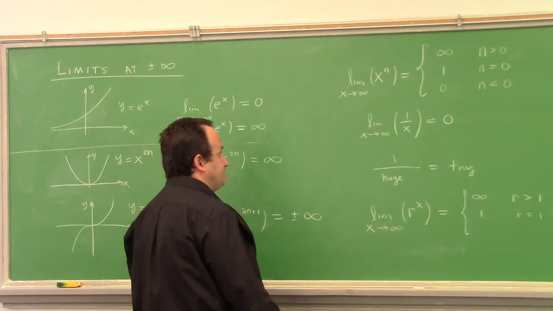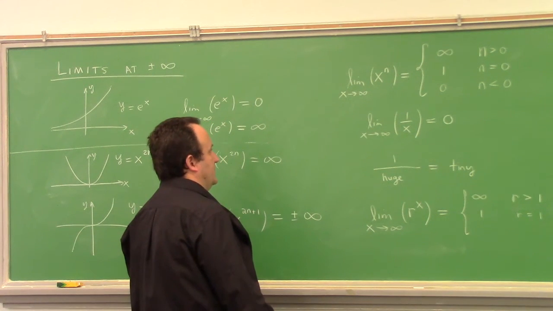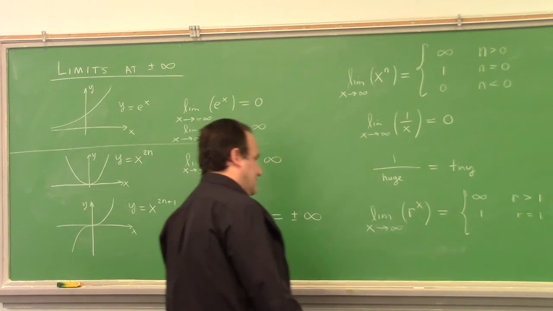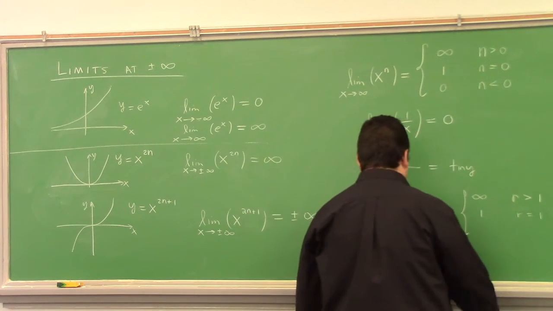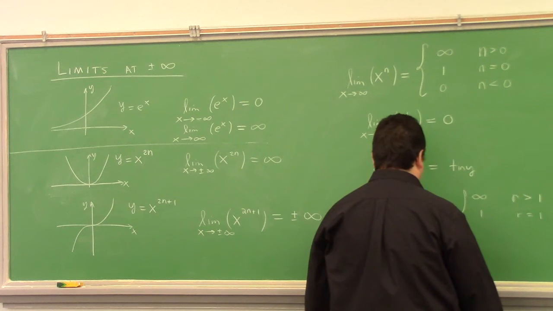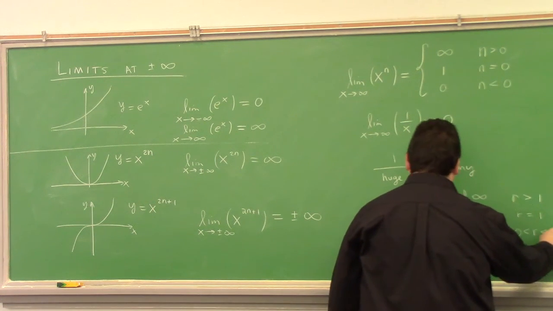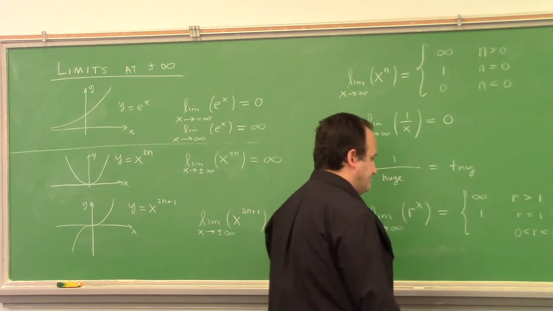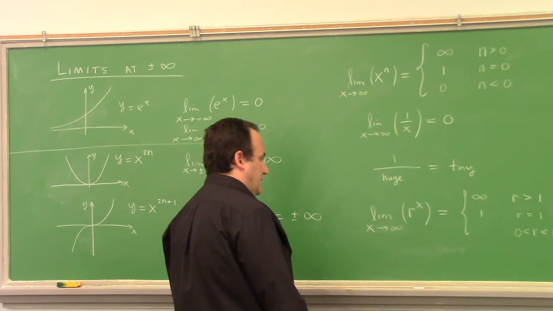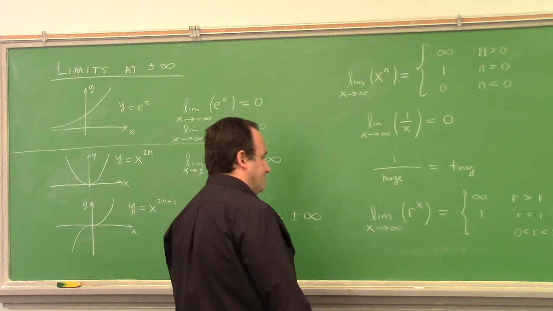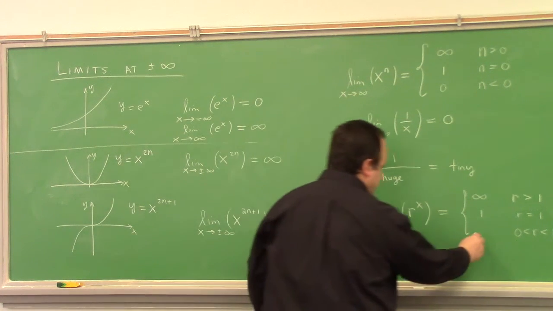And if r is less than 1, well, if 0 is less than r is less than 1, then that is going to 0.